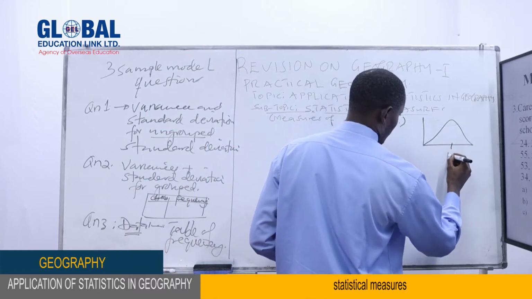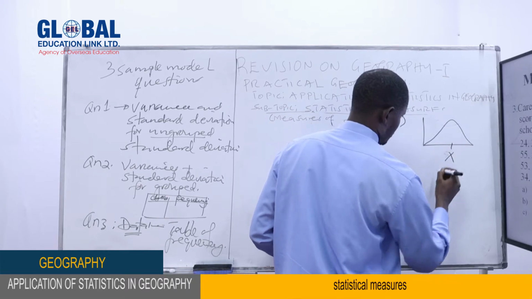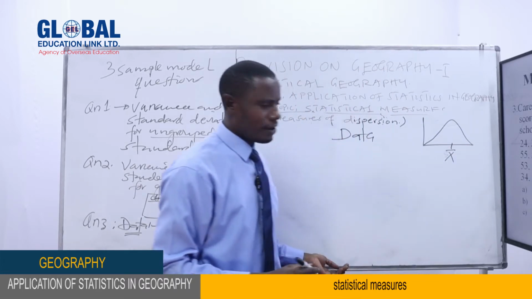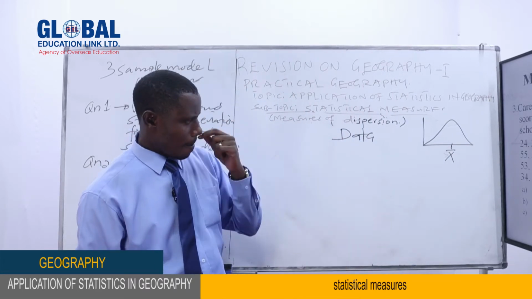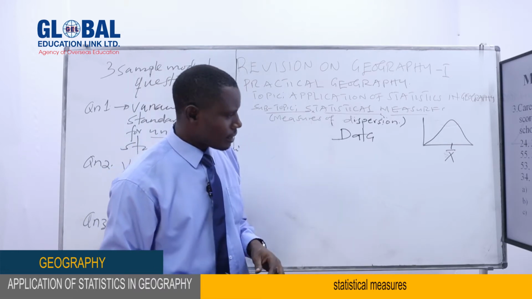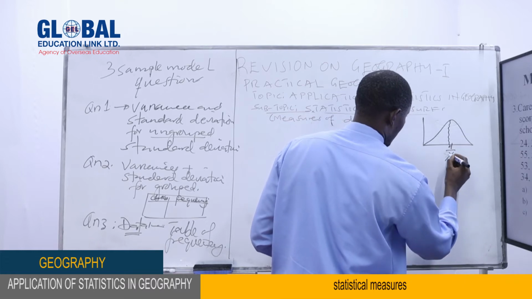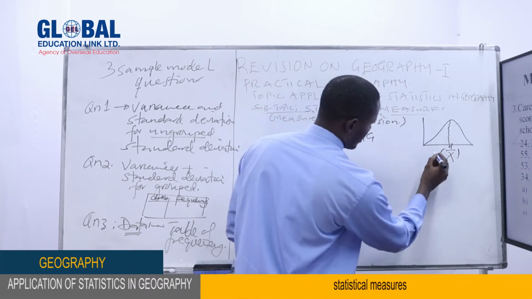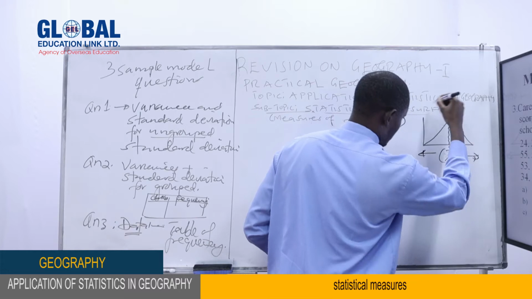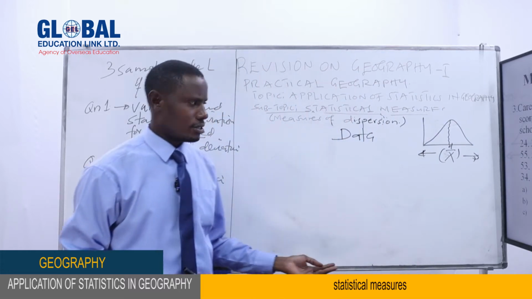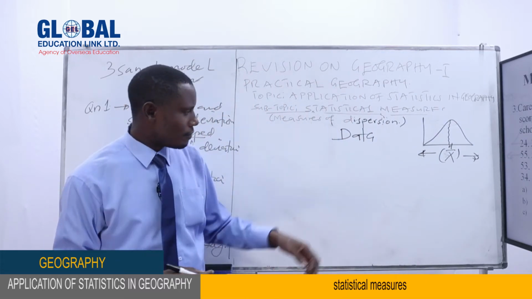So we have the mean somewhere, let's say this is the mean. The key function of the variance and the standard deviation is just to show how the data are spread, either approaching the mean. So we are assessing how they are spreading along the data set. That's the intention.